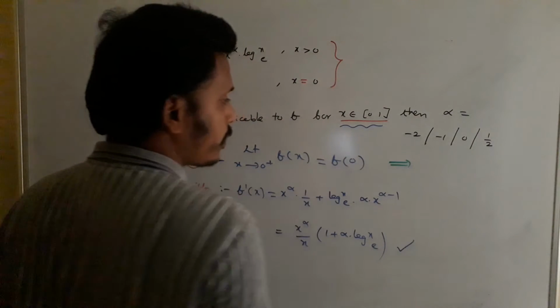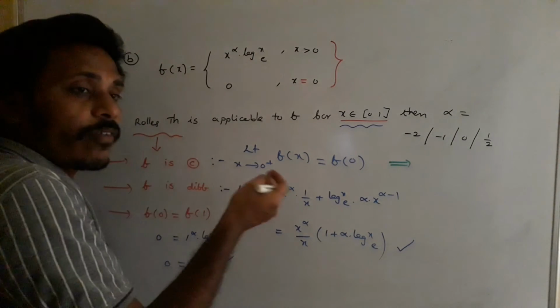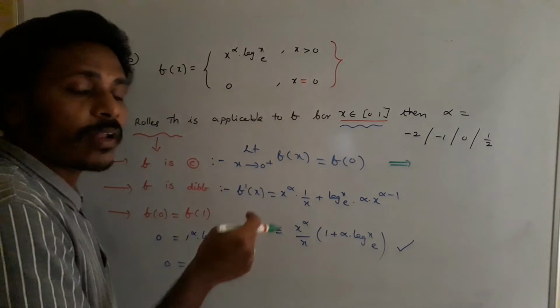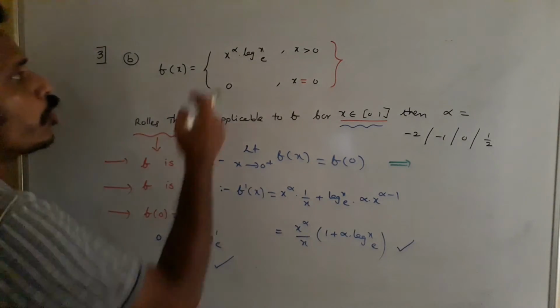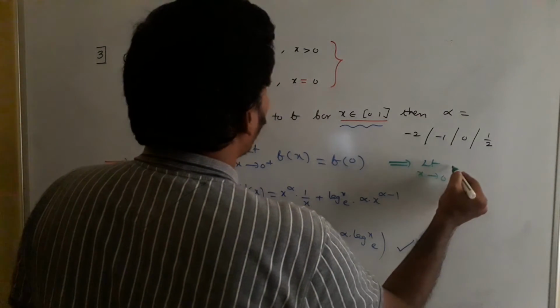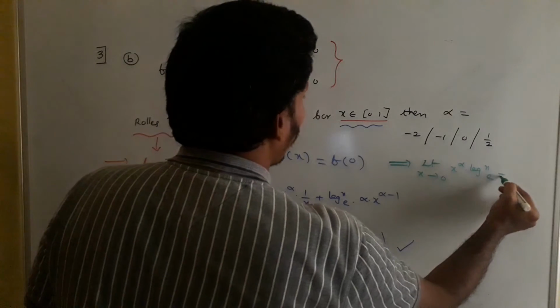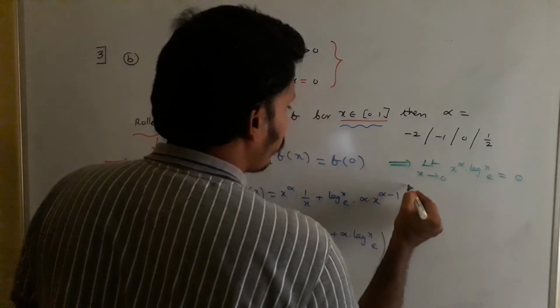So this implies, I am just trying to get the value of alpha. Limit x tends to 0 plus f of x, in the sense for x greater than 0, x tends to 0 plus in the sense x is more than 0, so use this one. So limit x tends to 0 of x power alpha into log x to the base e is equal to f of 0, which is 0.